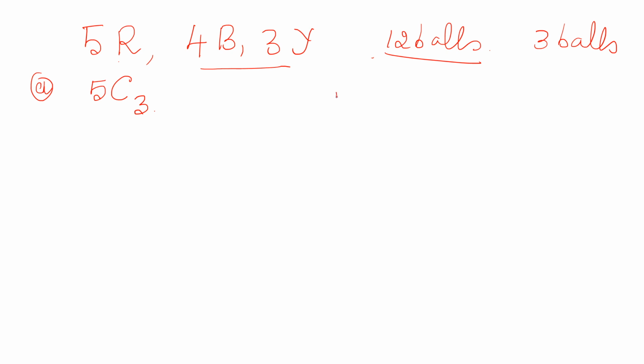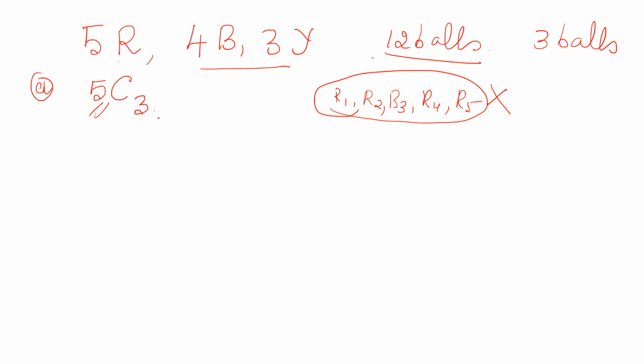I don't have R1, R2, R3, R4 and R5 labels. The 5 red balls are not labeled like this. If you pick any red ball, we don't know whether it is R1 or R2 or R3. We are not bothered about the order at all. Therefore, we are using combination. So from the 5 red balls, I am selecting 3 red balls. That is why it is 5C3.